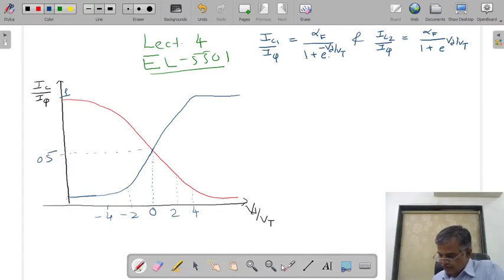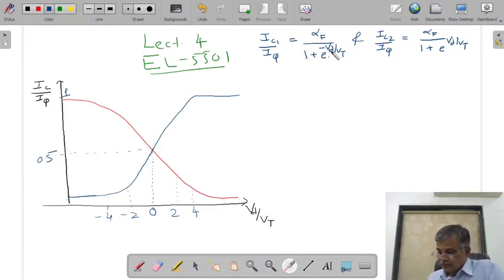That's why I have kept this at 0.5. This is for when Vd is 0. Either you keep 0 here or there, e raised to 0 is 1 and alpha is nearly 1, so you get IC1 by IQ and IC2 by IQ as 0.5.